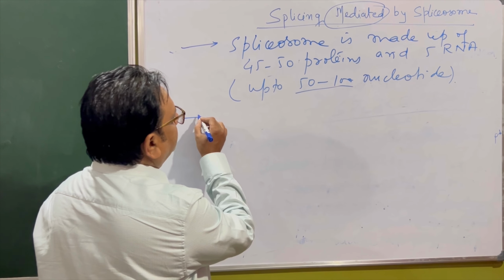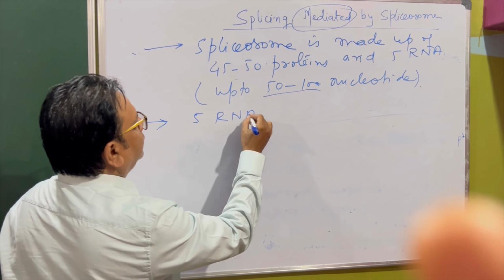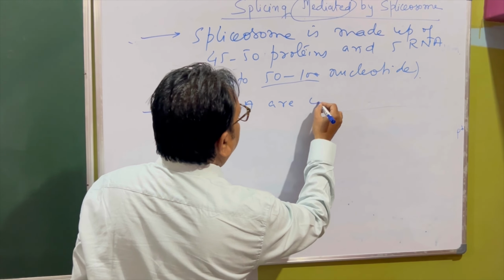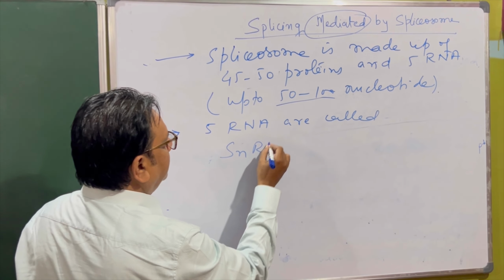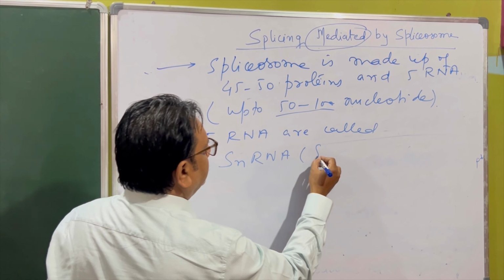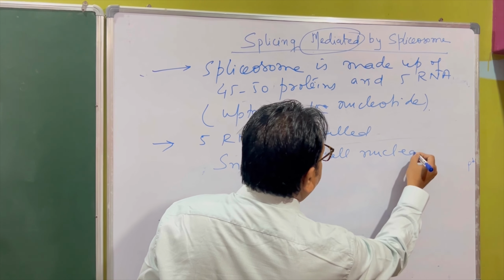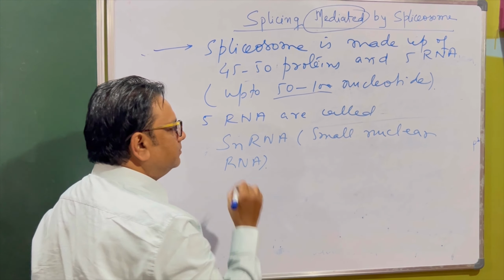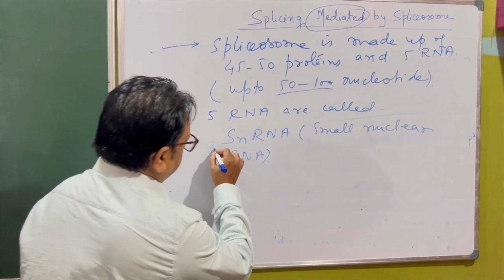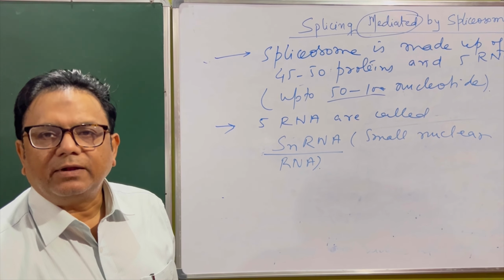So these RNA, these 5 RNA, are called snRNA. So what is this? This is a small nuclear RNA, that is ribonucleic acid. So these RNA, the 5 RNA, you will call snRNA.